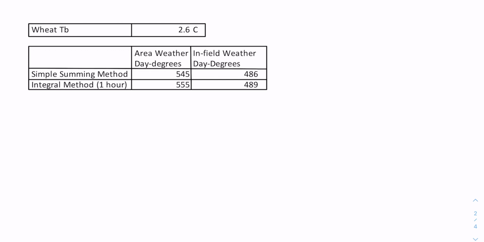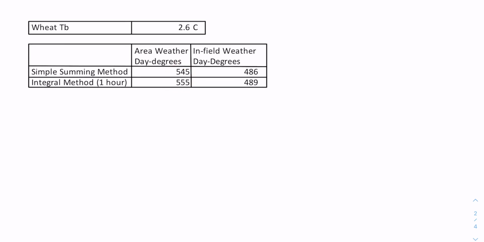So when we use the area weather data, we have 545 day degrees versus 555 if we use the integral method. Now, if we use the in-field weather station from the Atmos 41, we get a significantly lower value at 486 and 489 day degrees.